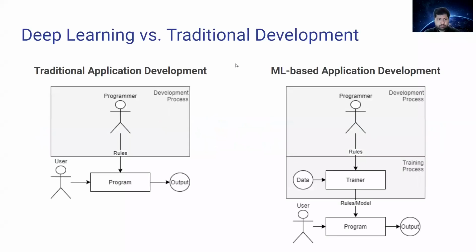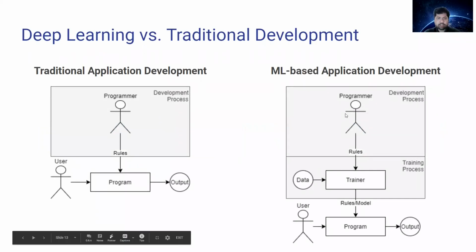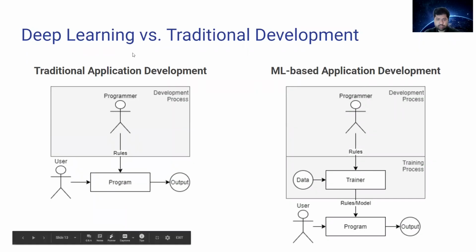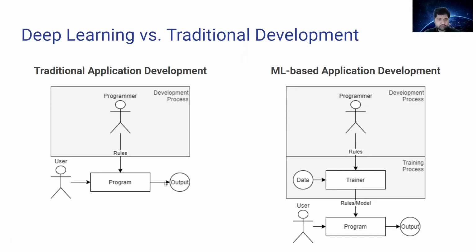Let me quickly share the difference between how a traditional system is developed versus how a machine learning or deep learning system is developed. On the left, you can see a diagram of traditional application development, where the programmer writes the rules and builds an application, which is shipped to the user, and then the user provides data and gets the output.